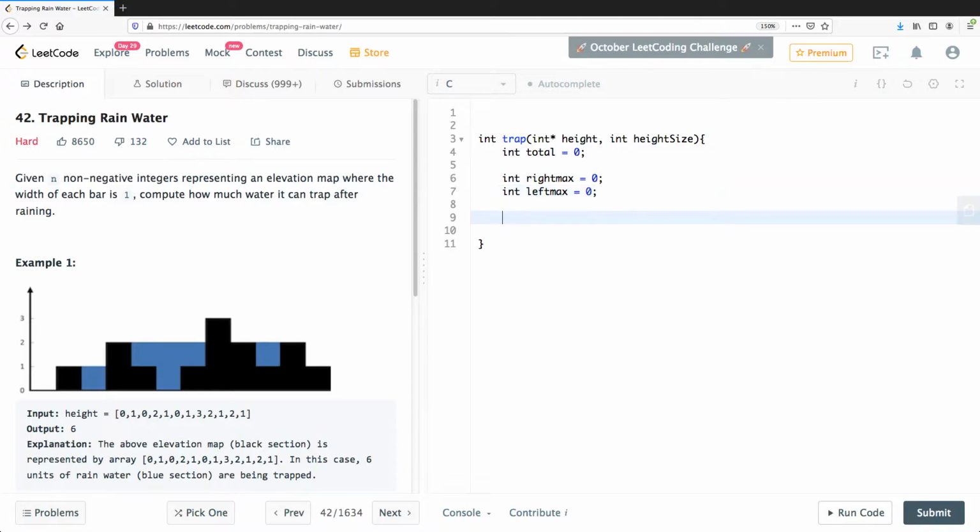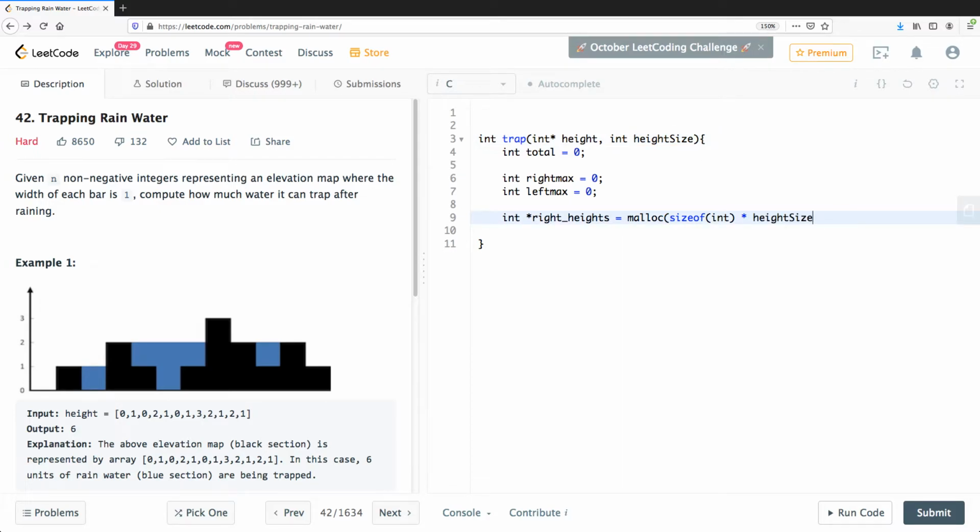Then we would also need two arrays, right heights, and let's do a malloc right away here, size of int times the height size.